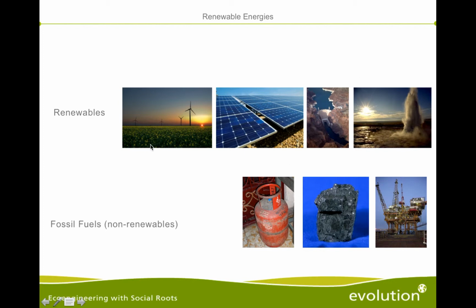on the environment. By contrast, if we look at renewables, here we can see wind energy, biomass or biofuels, solar energy, which in this case is a photo of solar PV but can also be solar thermal energy, a hydroelectric plant or a geothermal plant.